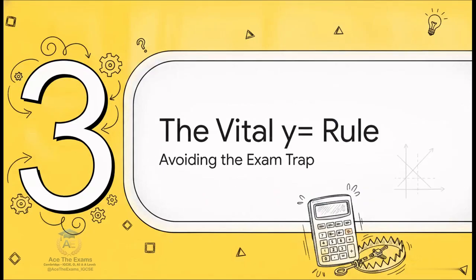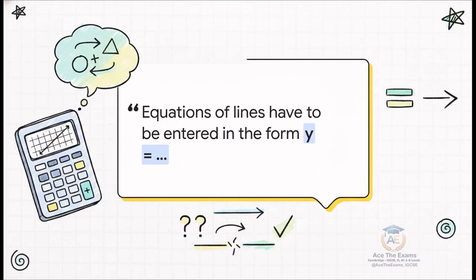Section 3. The vital y equals rule, avoiding the exam trap. All right, listen up, because we really need to talk about avoiding a massive trap that catches so many students off guard during exams. Pay close attention to this warning straight from the source text. Equations of lines have to be entered in the form y equals. Look, your calculator is incredibly smart, but it's extremely stubborn about its inputs.